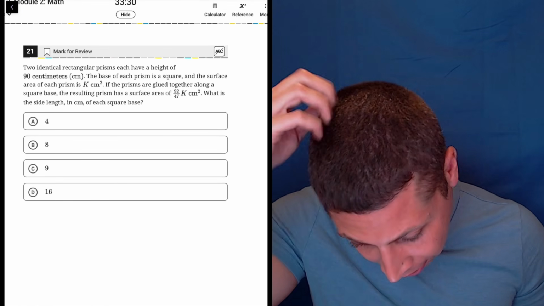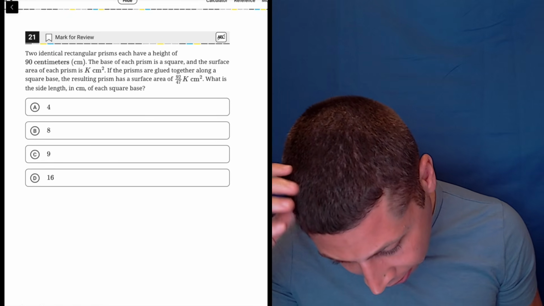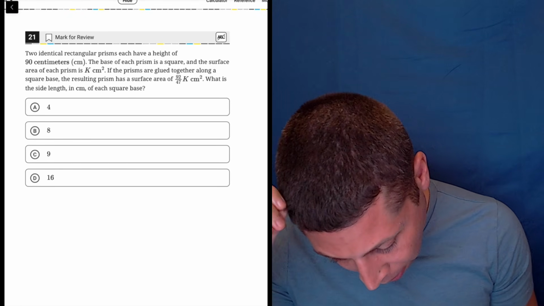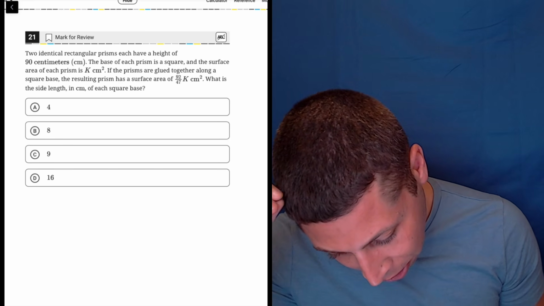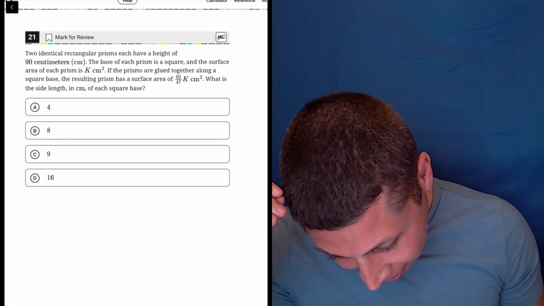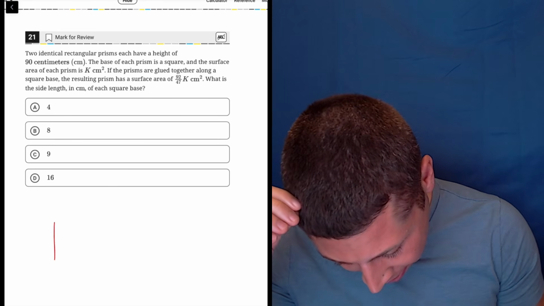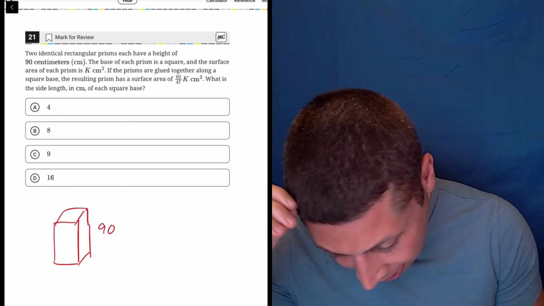Two identical rectangular prisms, each have a height of 90. The base of each prism is a square, and the surface area of each prism is k centimeters squared. The prisms are glued together along a square base. The resulting prism has the surface area of that. Okay, the two are each of a height of 90. So it looks like this, and it's 90.